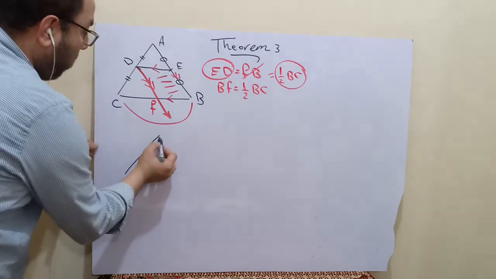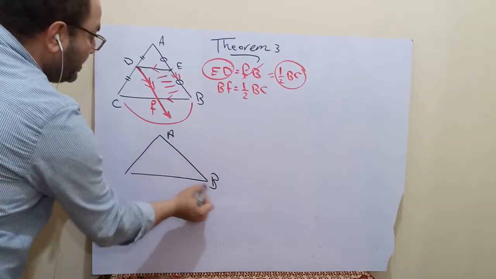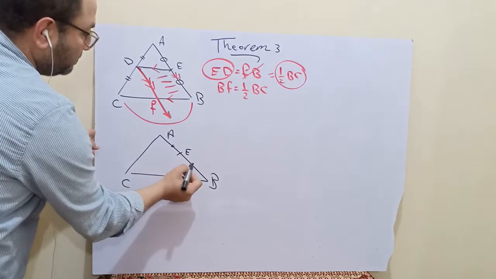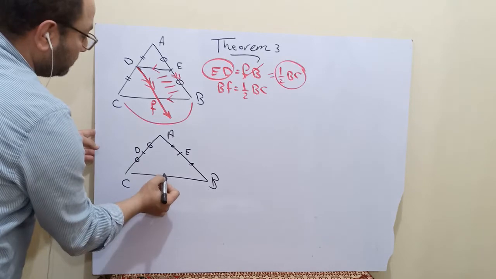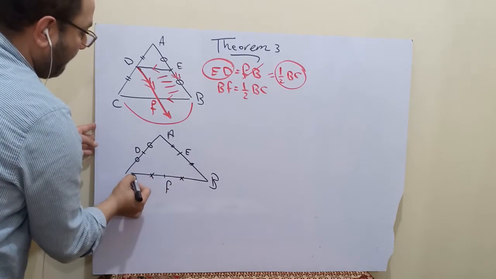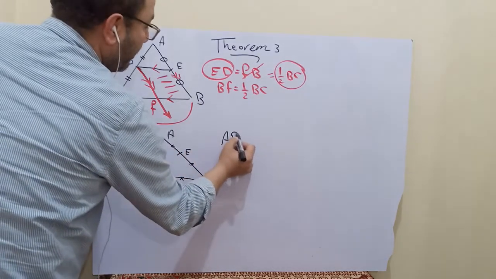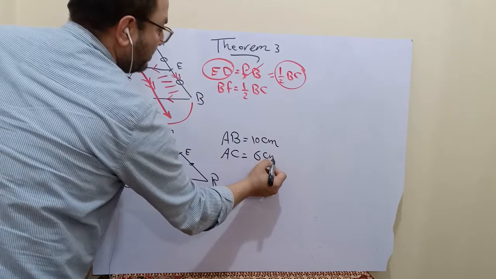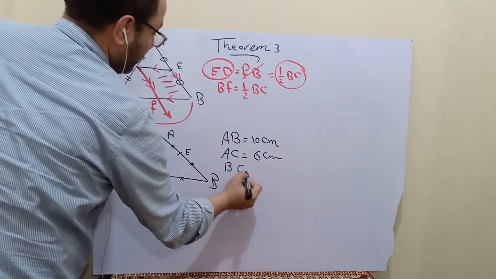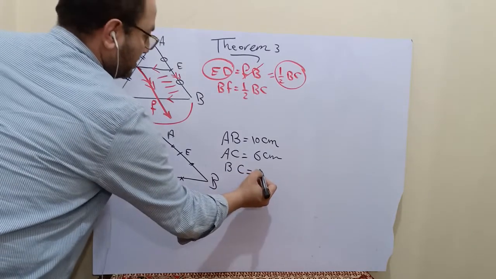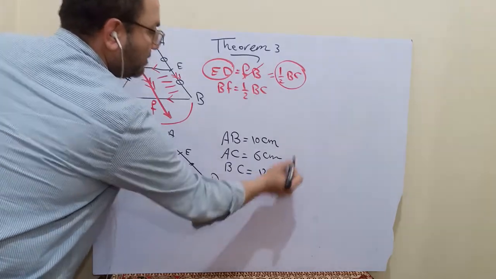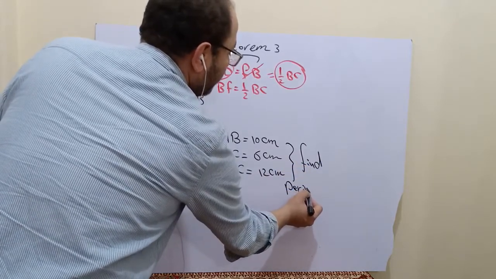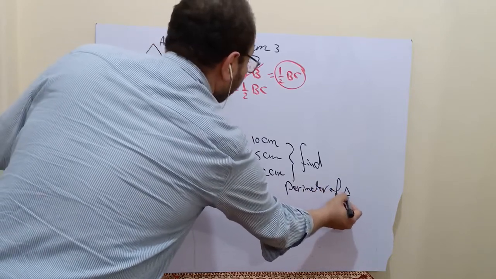If we have a triangle ABC and E, D, F are the midpoints of its sides, if you know that AB equal 10 centimeter, AC equals 6 centimeter, BC equals 12 centimeter. Find the perimeter of triangle EDF.